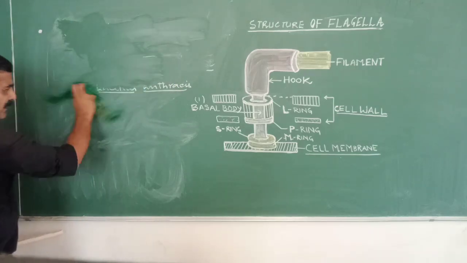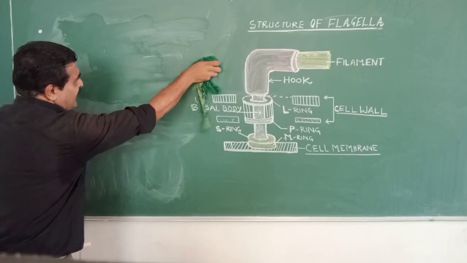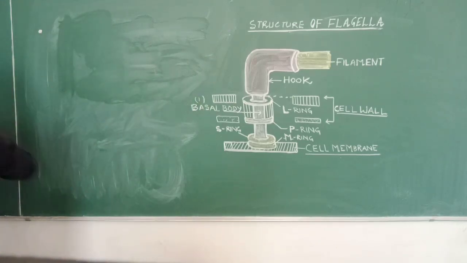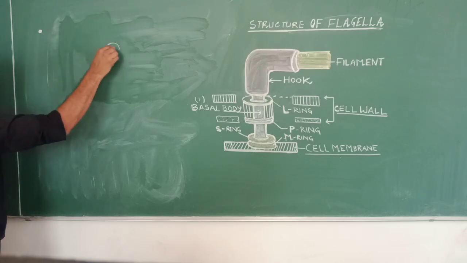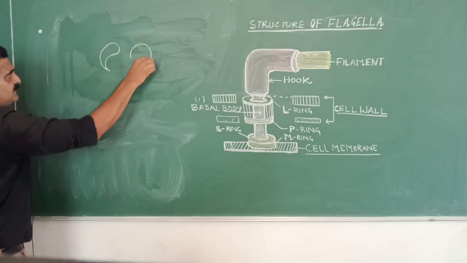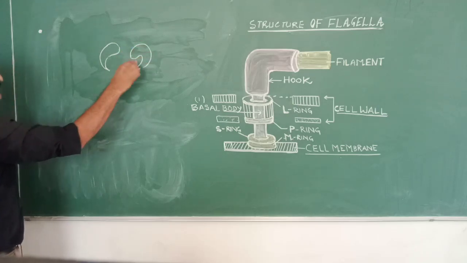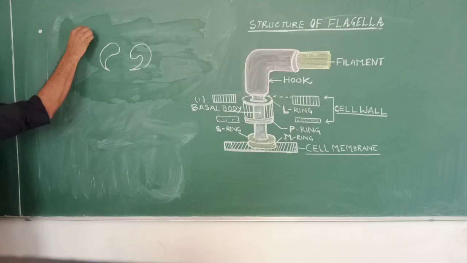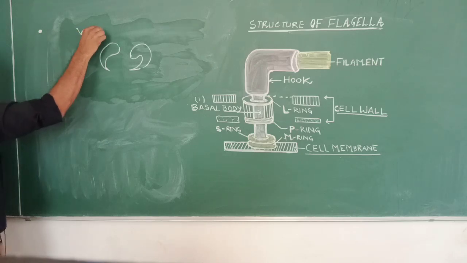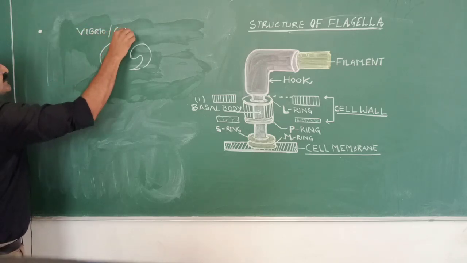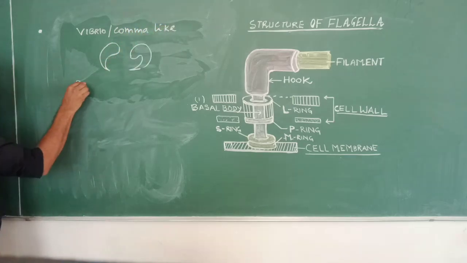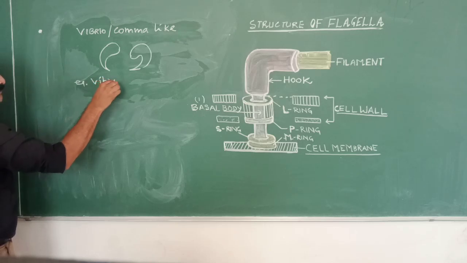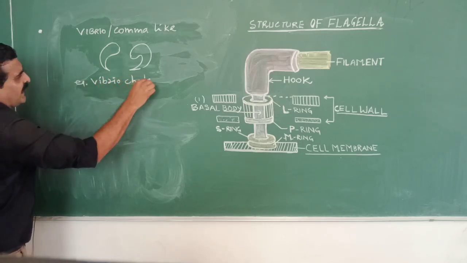Now some of the bacteria have a structure that is comma-like. For example, this is the structure of some bacterium which is comma-like. These comma-like bacteria are known as Vibrio, and the example is Vibrio cholerae.